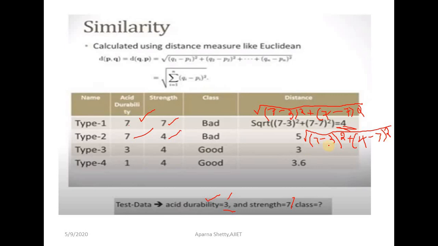Okay, 7 minus 3 is 4 square plus 4 minus 7 is 3 square. 4 square plus 3 square, you will get 25. Square root of 25 is 5.